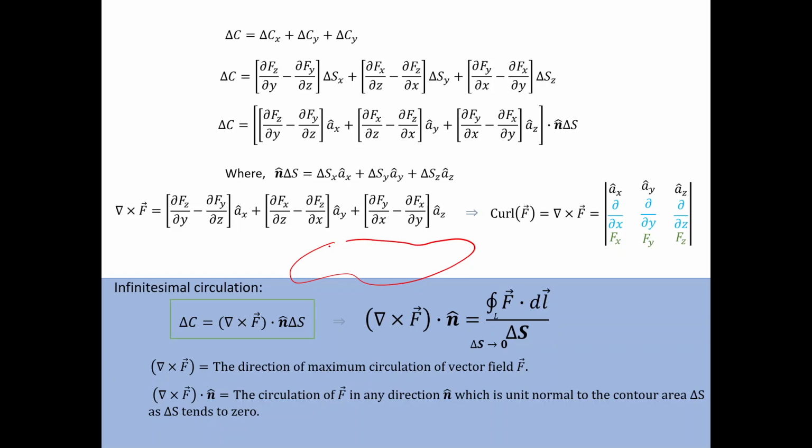Now let's say this is the closed path, let's say L. We are interested to calculate the circulation of the vector field F, and let's say this is the area. Let us call it S.